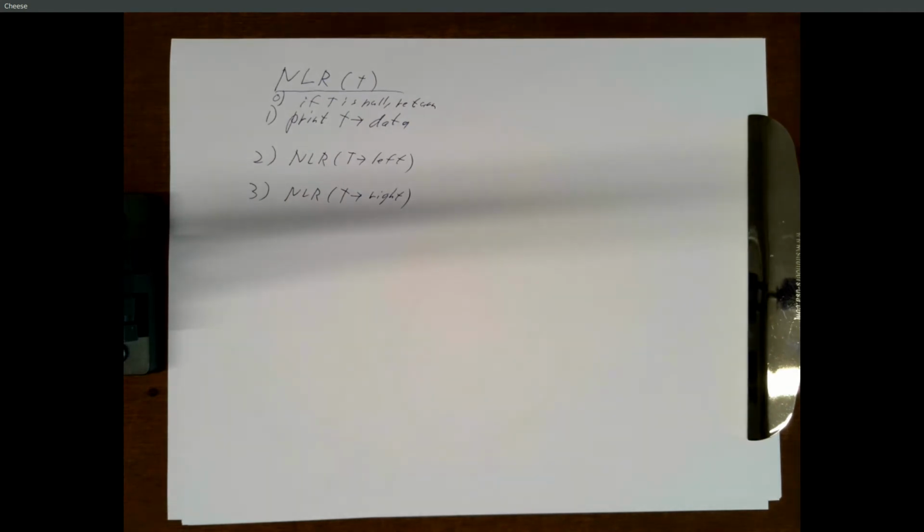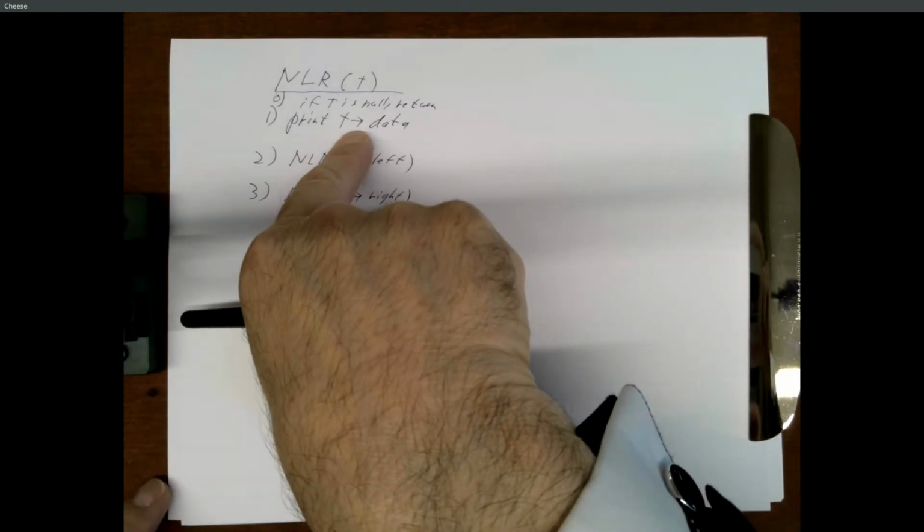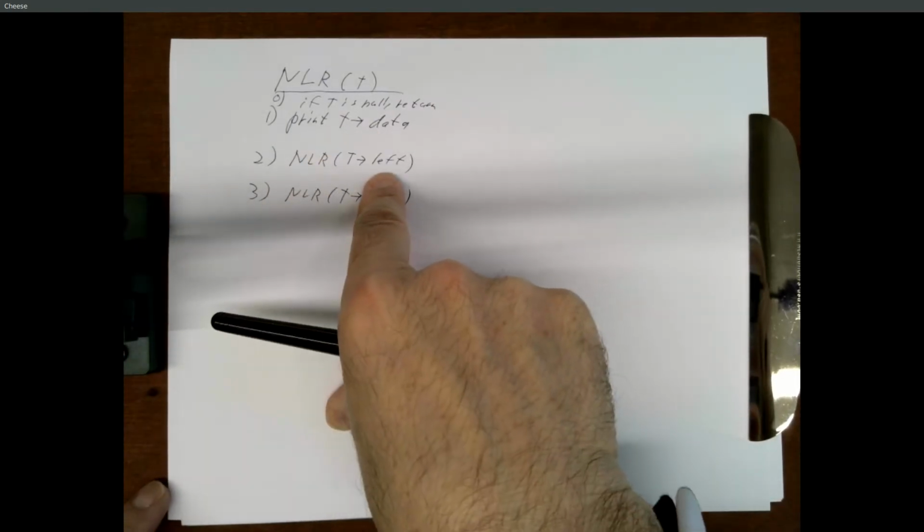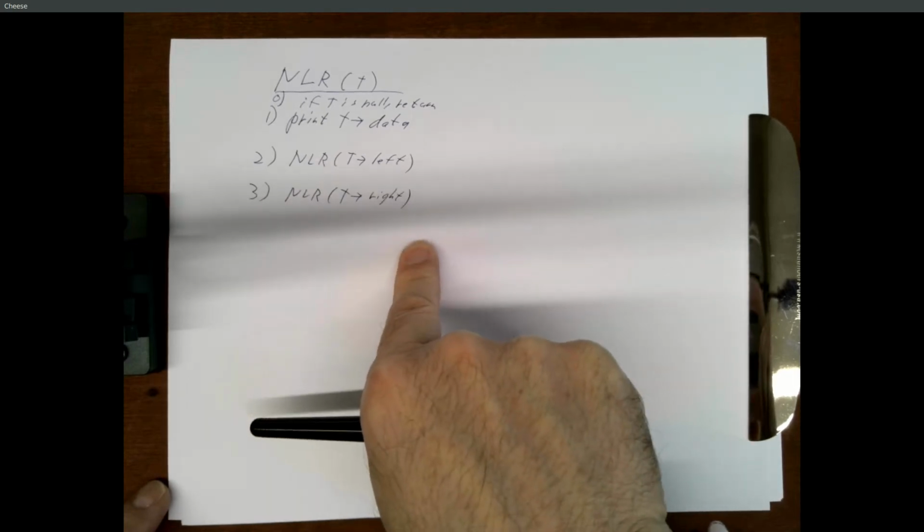Step 0, if the tree is null, return, nothing to do. Otherwise, since we're doing node left right, first thing we do, print the root node's data. Then do node left right on the left subtree, then do node left right on the right subtree.